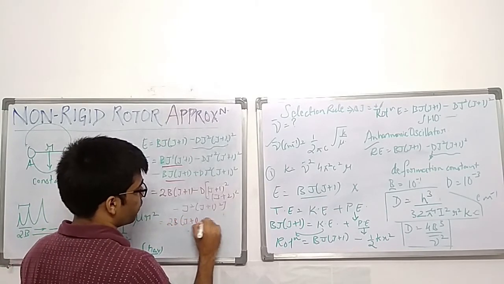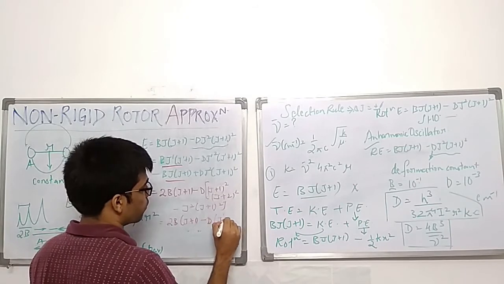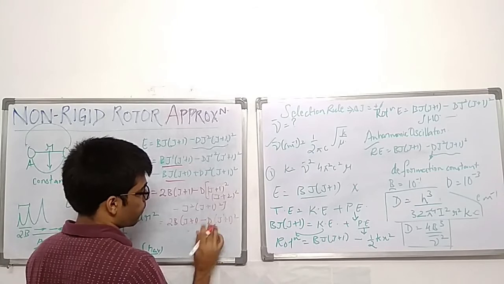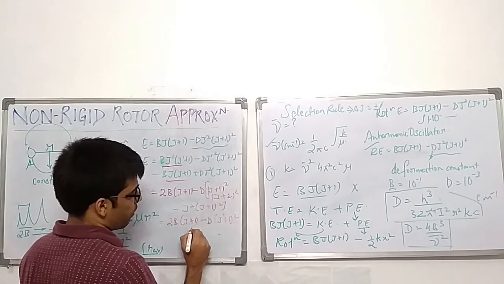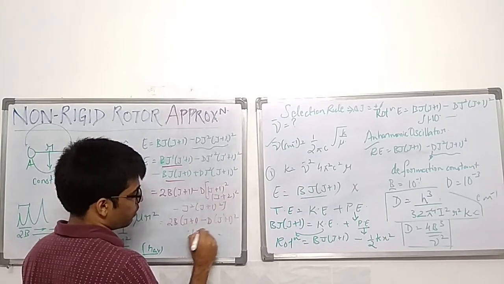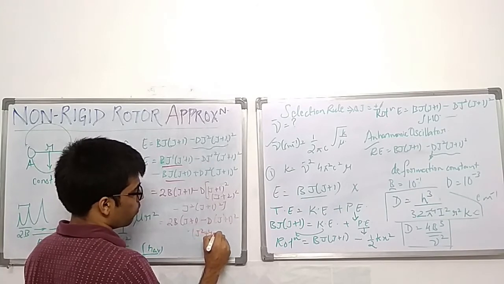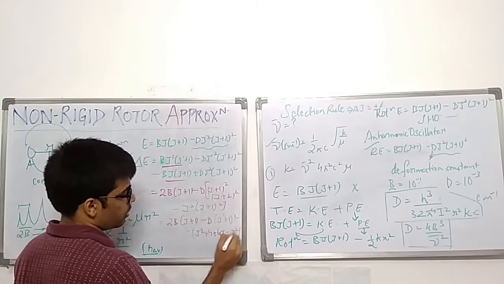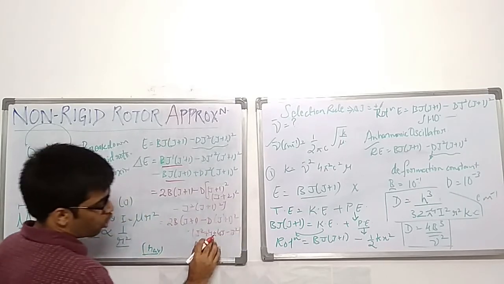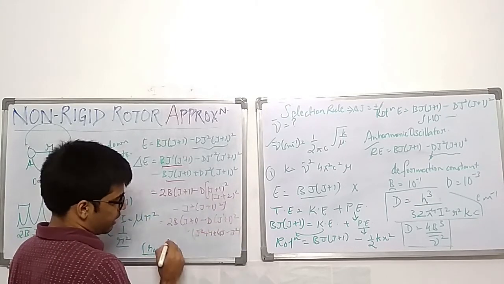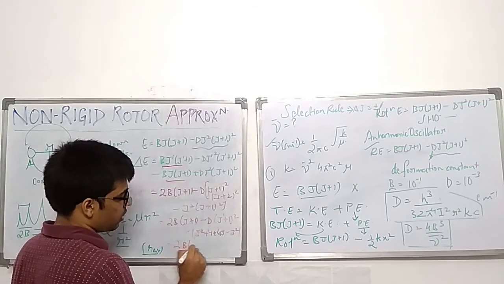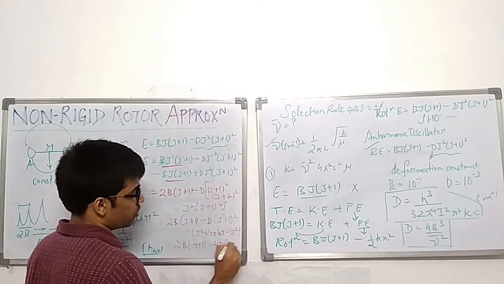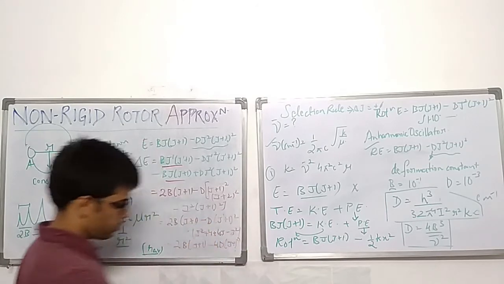So I am left with, I have (J+1) square, that will be J square plus 4 plus 4J minus J square for this one. These two get cancelled. If I take 4 common, I will get (J+1). That (J+1) gets multiplied to this part, and I am left with minus 4D (J+1) cube.